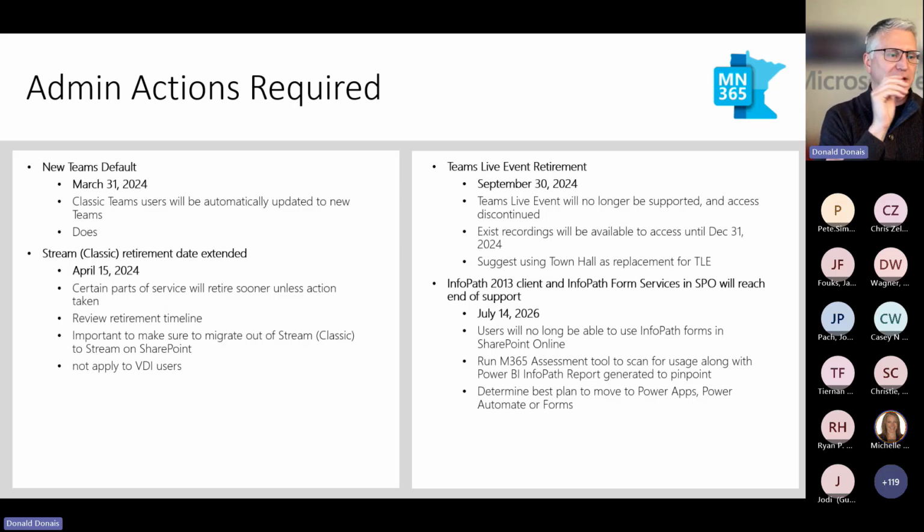And then the other ones that we have here, we've talked about Stream retirement, and then the Teams live event retirement, as I mentioned, September 30th, 2024. It will no longer be supported and access will be discontinued. Any recordings that you have made just prior to that, guys, then you'll have access to that until December 31st, unless you download them and move them someplace else. And highly suggested, Town Hall is the replacement for your Teams live event. So keep that in mind.